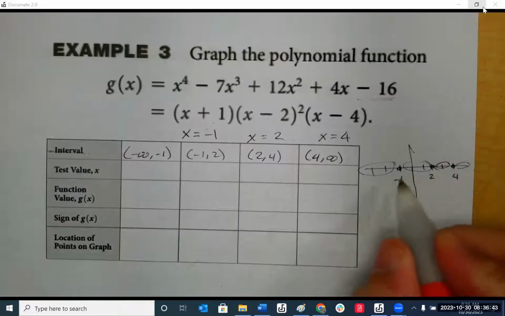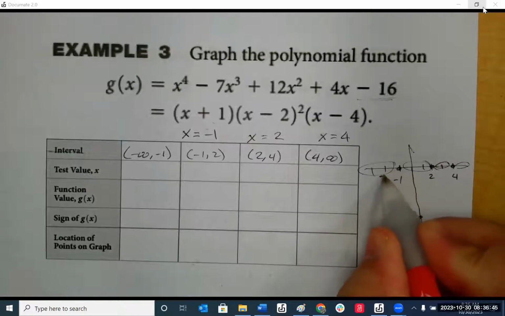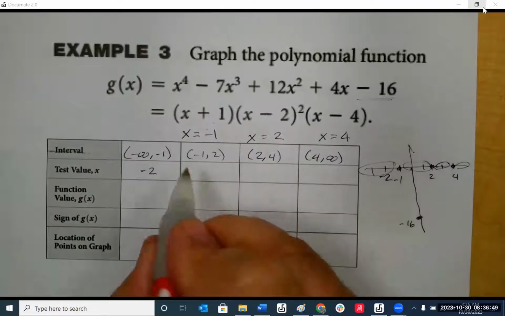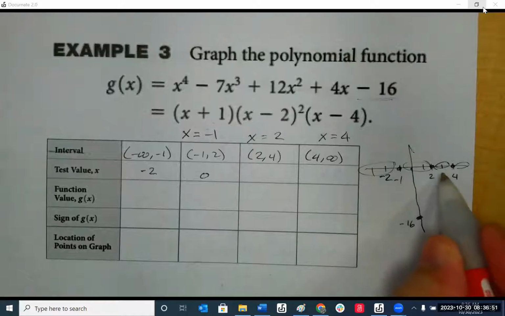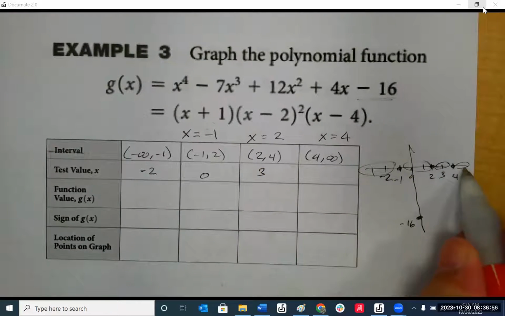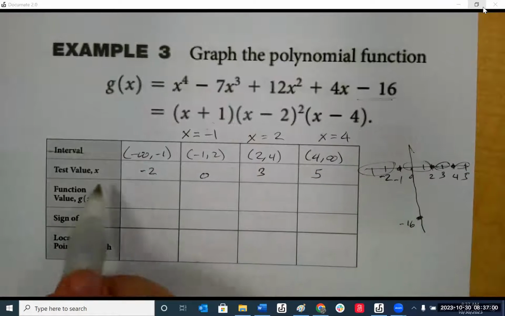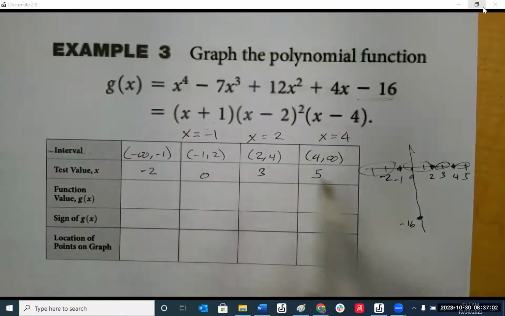Then we take a test value. So I'll go -2, 0, 3, and 5. Remember, the test value has to be a number inside that interval. It cannot be the endpoints.